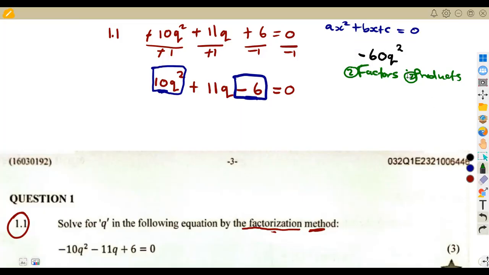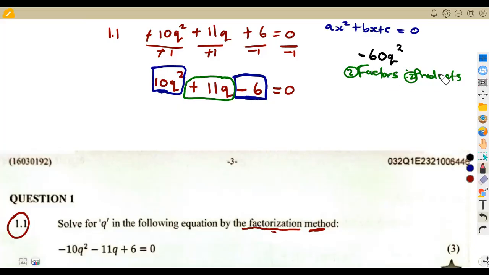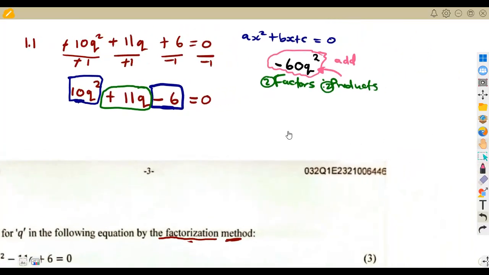But these products or factors, if we add them, they must give us the middle term, which is 11q. This is the most important part that you are supposed to consider here. They are the factors of negative 60q squared, but they must add up to the middle term.